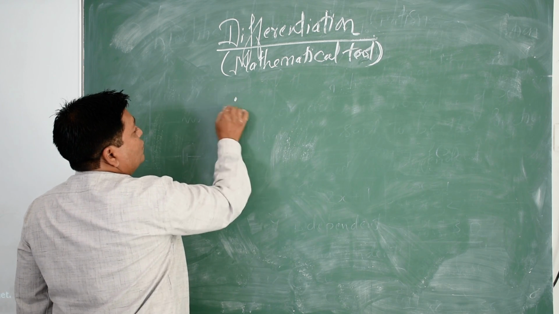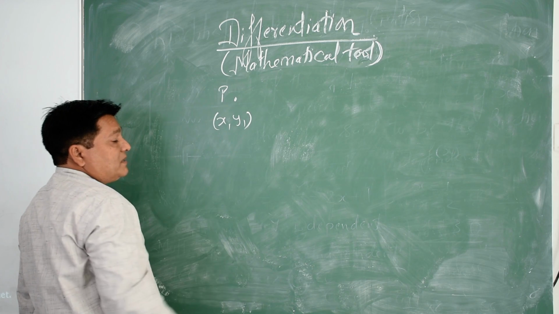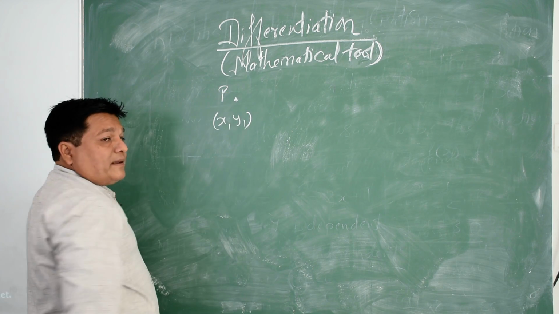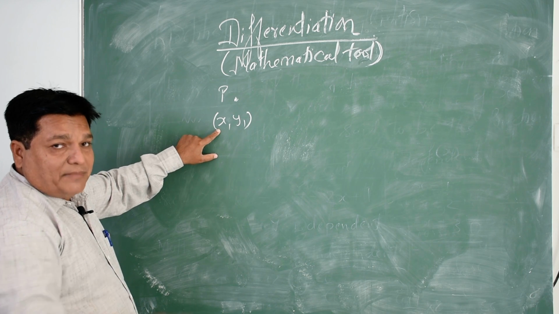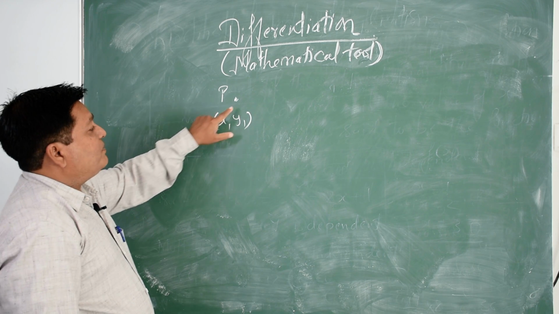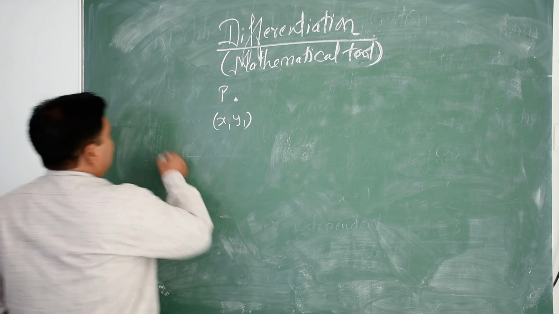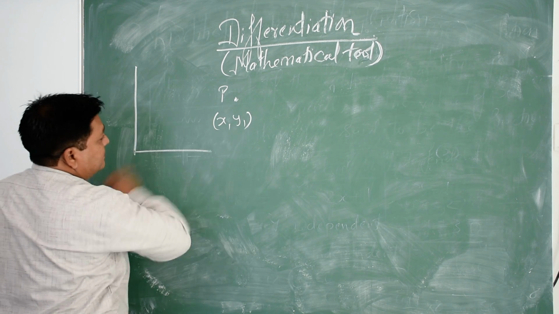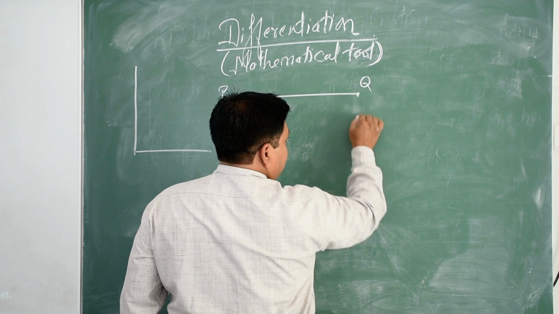Suppose we take two points, point P here, where x1, y1 is the position of point P. A particle is there at point P, its position is x1 along the x direction and y1 along the y direction. It moves from P to point Q here.